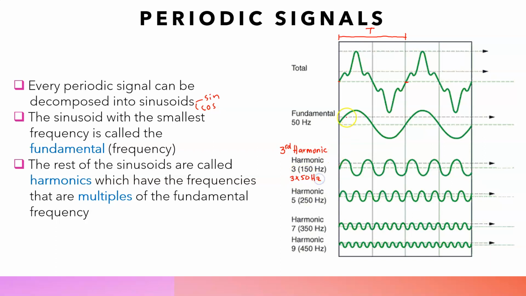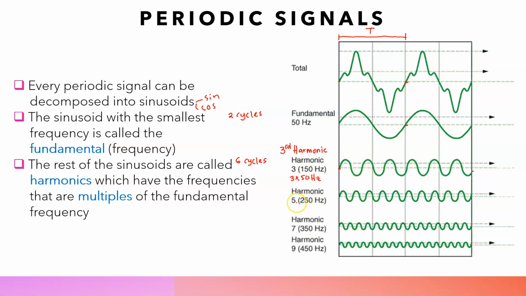If you look at the fundamental here, within this time range, the signal repeats 2 times, meaning it has 2 cycles. So for the third harmonic, you will expect 3 times 2 cycles, which is 6 cycles. If you count from here until here, there will be 6 cycles.